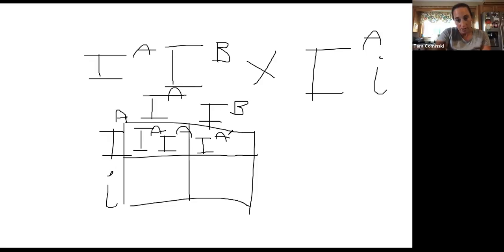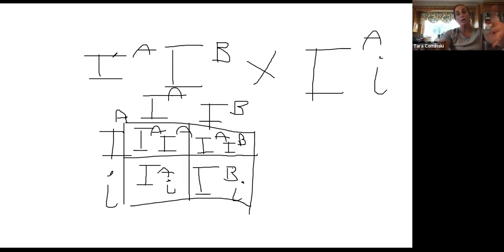Down here we have I, A, the A allele, and then we have little i. And then over here, B and little i.